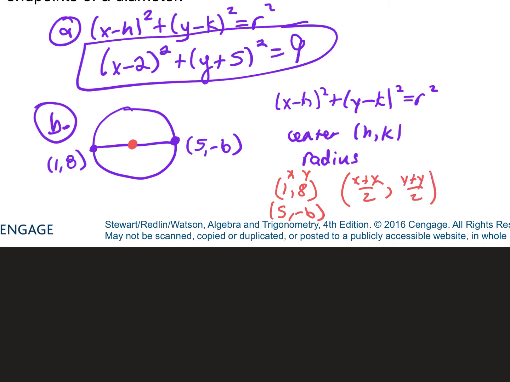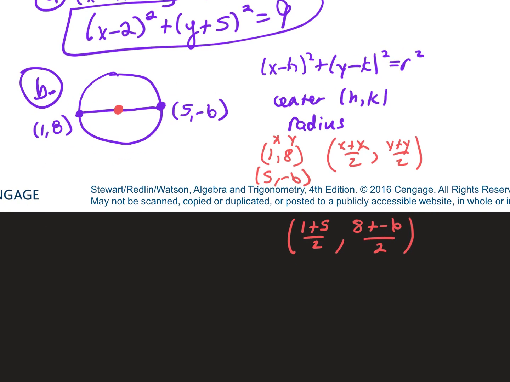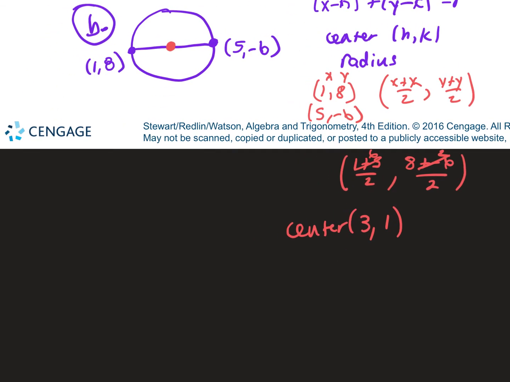So 1 plus 5 divided by 2, and then 8 plus -6 divided by 2. What's 1 plus 5? 6. And 6 divided by 2 is 3. And then 8 plus -6 is 2, and 2 divided by 2 is 1. So the center of my circle is 3, 1.